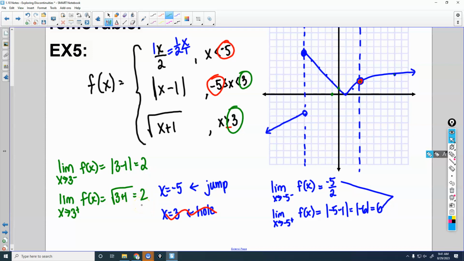Now, that makes it look like you don't have a discontinuity there. That's why you have to pay attention to your signs right here to see that they're both open circles, right? So I do have a hole. They match, the limit exists there, but I do still have a hole. If one of these is or equal to, then it would be continuous at that point, which we'll talk more about tomorrow.